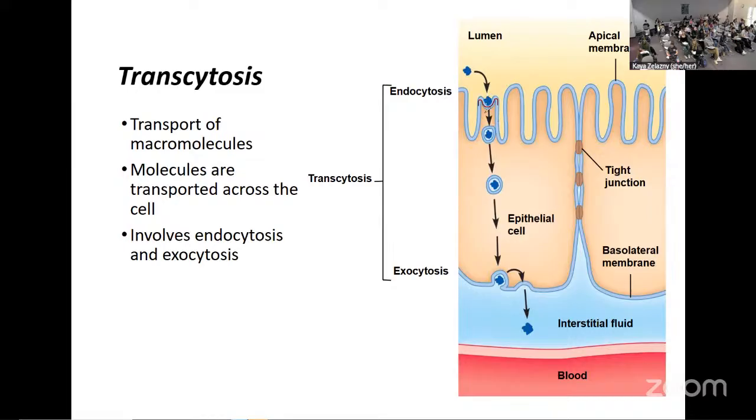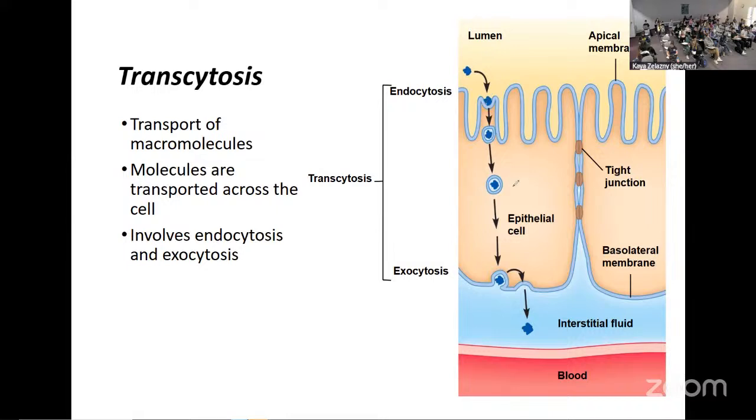This would continue, and then that little pocket would move in and peel off. Now we have this little membrane baggie inside. Formally we would say that the membrane invaginated and then formed a vesicle. But we can think about this in visual form as well. We made a little bubble when this came up to our apical membrane.